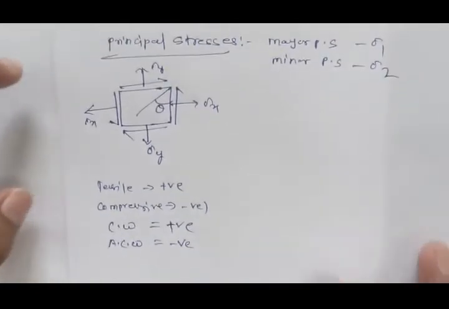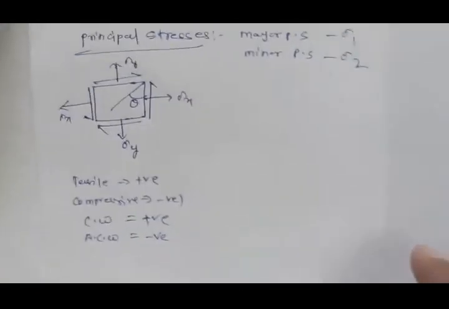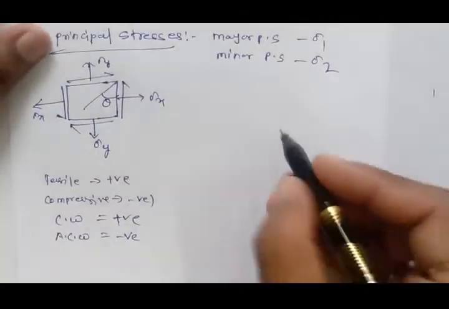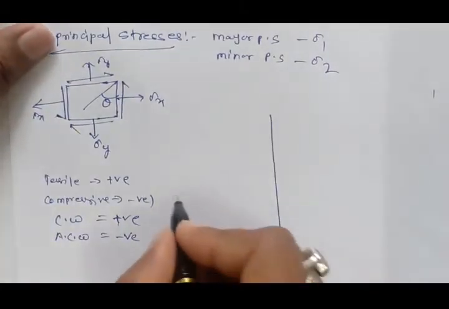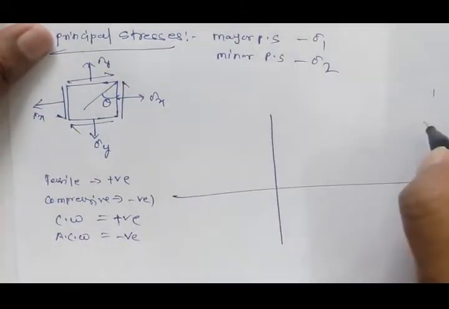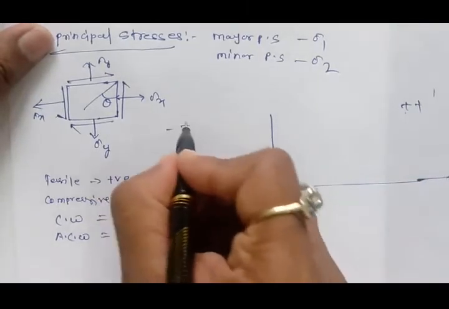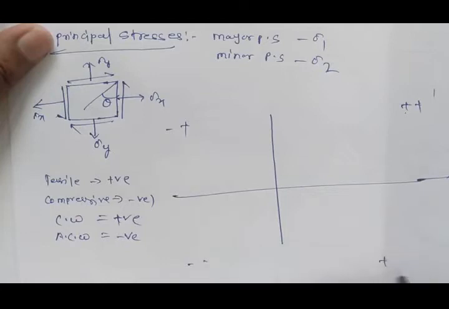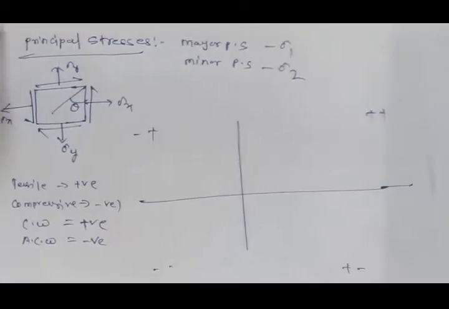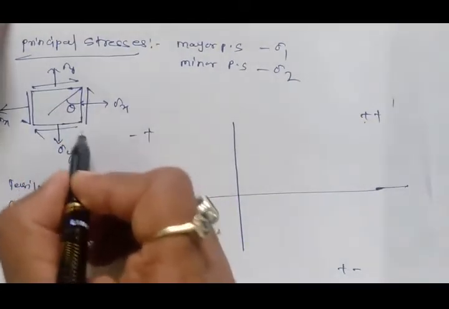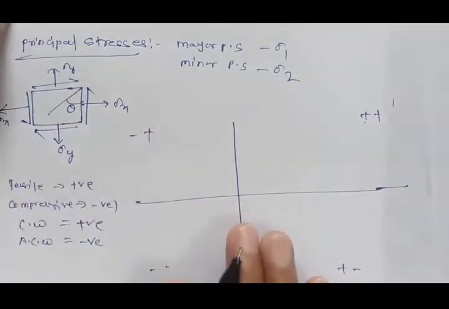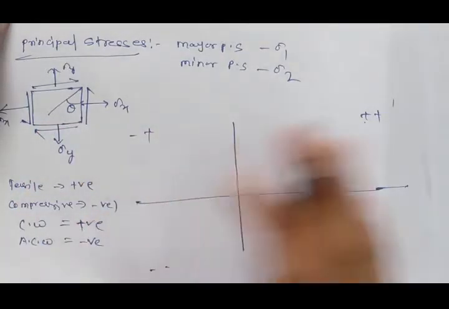So this is our sign convention, and based on that we plot this Mohr circle. So this is the coordinate system of the Mohr circle, where we take plus plus, minus plus, minus minus, and plus minus, and based on the question and the coordinates of this element we can shift this system here or here.